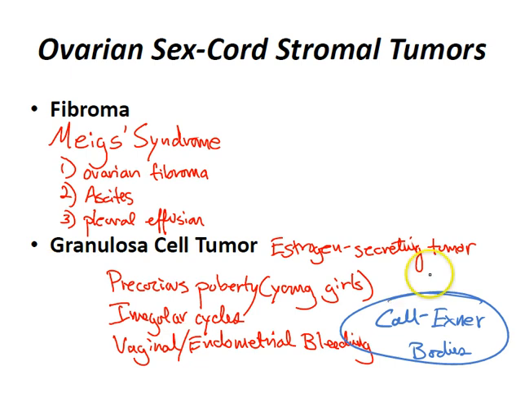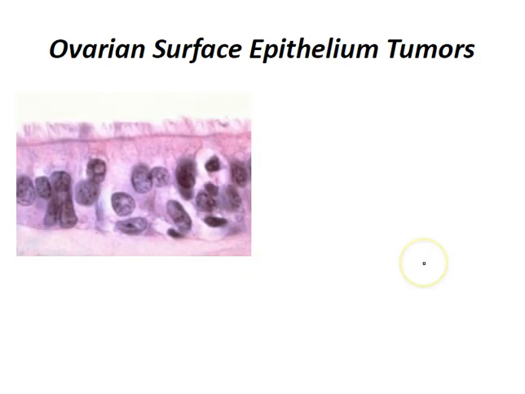So now let's move on to ovarian surface epithelial tumors. There are 5 important characteristics here. They tend to occur in older people. Risk factors include the BRCA1 mutation or Lynch syndrome, which was HNPCC. The risk decreases with oral contraceptive pills or pregnancy.